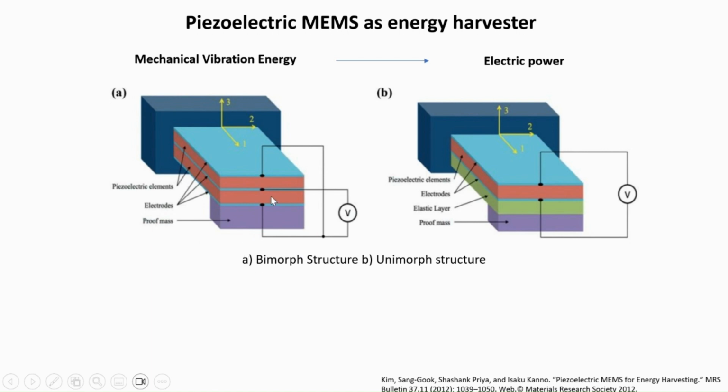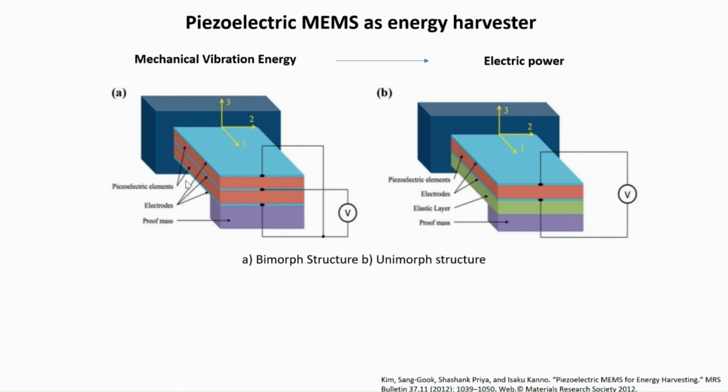So how does it convert? When you have a vibration, it is taken by this structure, either a unimorph or a bimorph structure. Both have the same thing. The vibration causes a strain in the material, and because of this strain you ultimately have a charge separation, that is, a polarization.